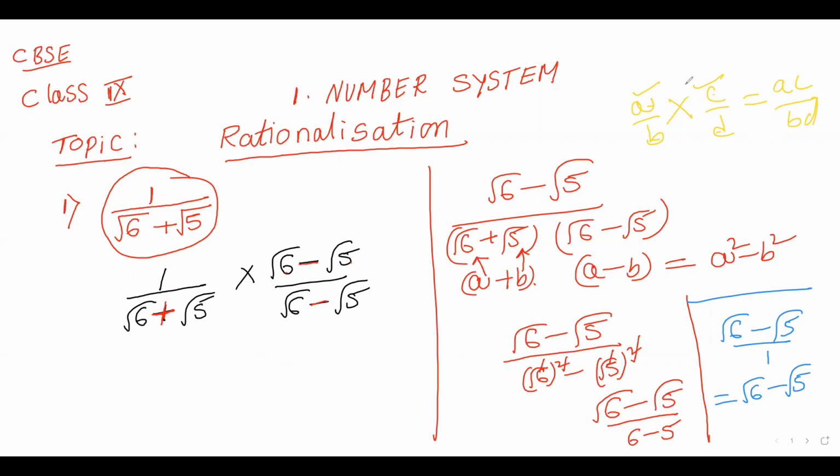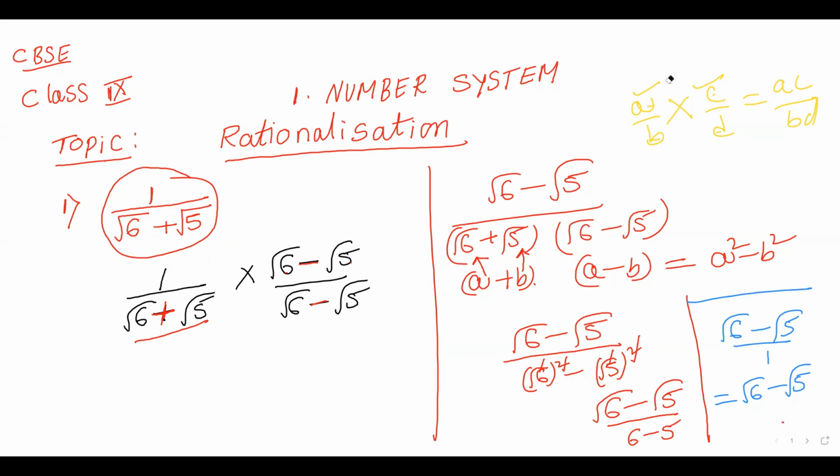So the same thing I did here. 1 into root 6 minus root 5 is root 6 minus root 5, and both denominators are multiplied and they are in the form of a plus b into a minus b. They can be written as a square minus b square. After rationalization, irrationality will be removed in the denominator. There will not be any irrational number in the denominator after rationalization.